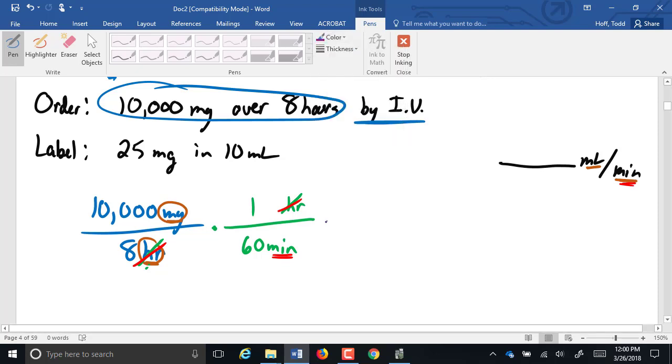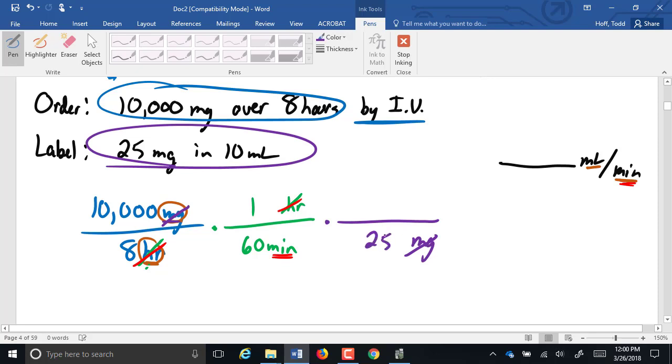Now let's get rid of that milligrams. The milligrams are on top, so we're going to put them on bottom so that they cancel out. And this is the label's telling us it's 25 milligrams in 10 milliliters. So those milligrams have canceled out. And now we'll just go ahead and multiply this out. 10,000 times 1 times 10 milliliters is 100,000 milliliters over 8 times 60 minutes times 25.